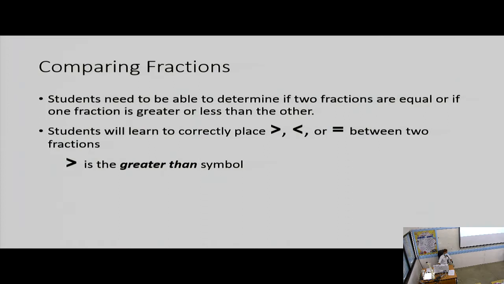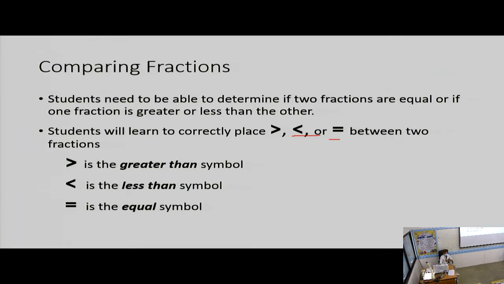And this one is the next one, less than. And the last one, this one, the equal symbol. So we have the greater than symbol, the less than symbol, and the equal symbol.